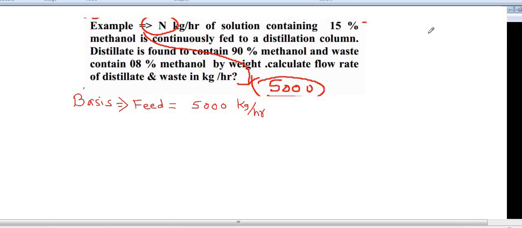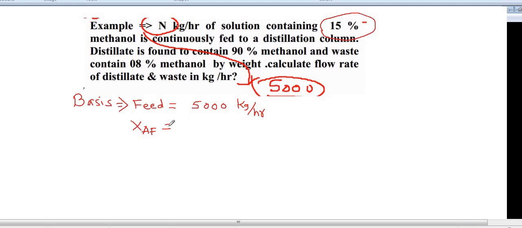Second, they are given that the feed contains 15% methanol. Based upon this, we can have this value XAF. What is XAF? XAF is nothing but fraction of methanol in feed. A means more volatile component.